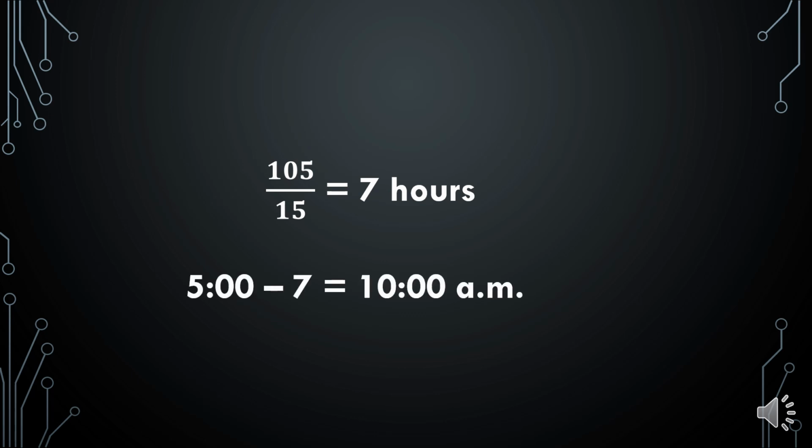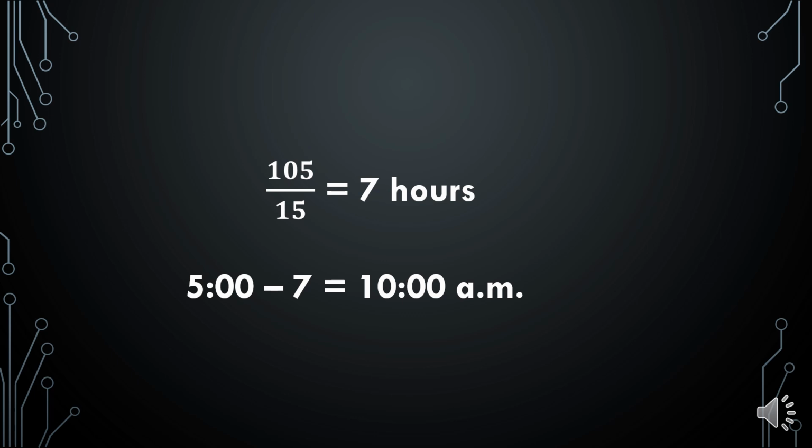We need to now subtract our 7 hours from the time 5 p.m. This will give us a time of 10 a.m. When we're subtracting our time, we're actually going back 7 hours earlier than 5 p.m., which will land us at approximately 10 a.m. But why do we subtract? Remember, 105 degrees west is located west of the Greenwich meridian.